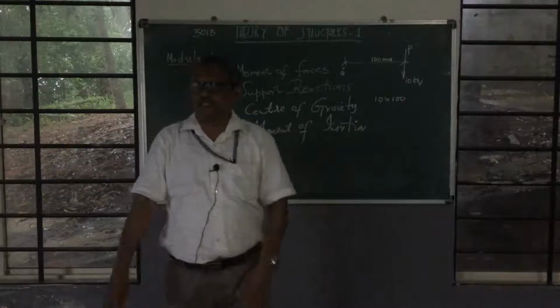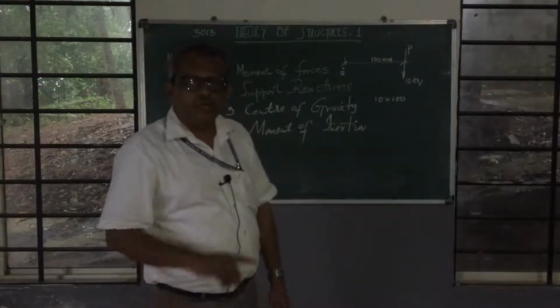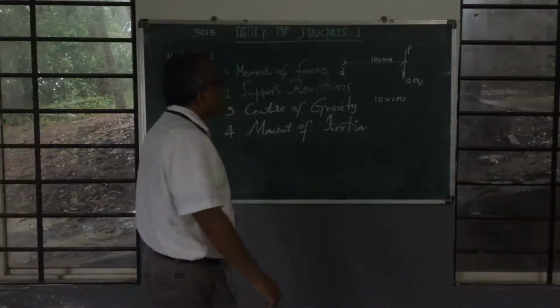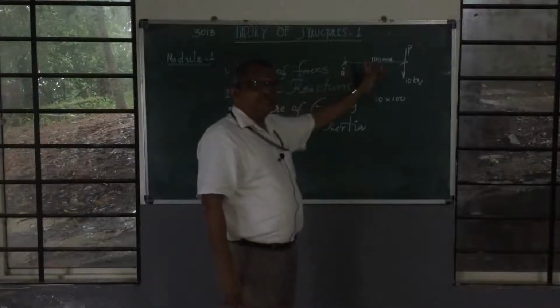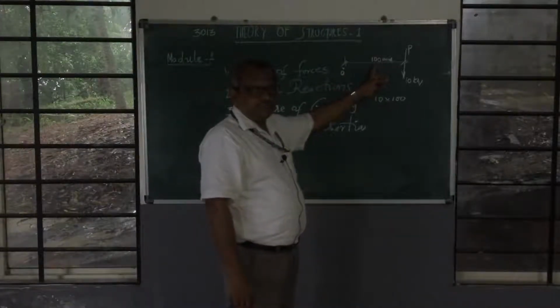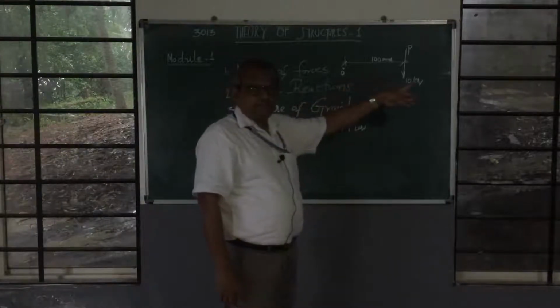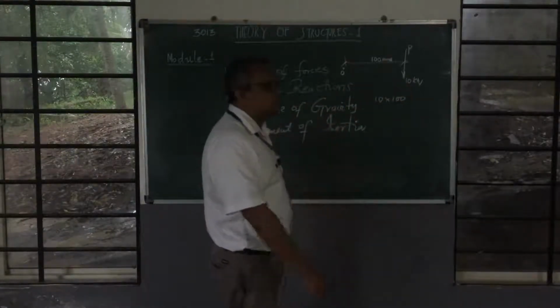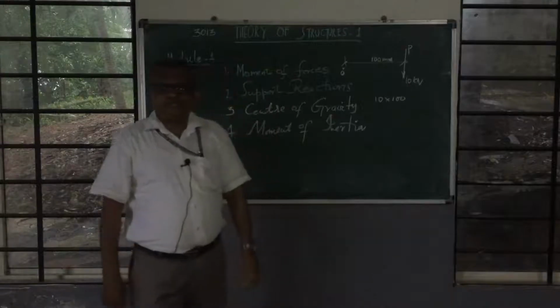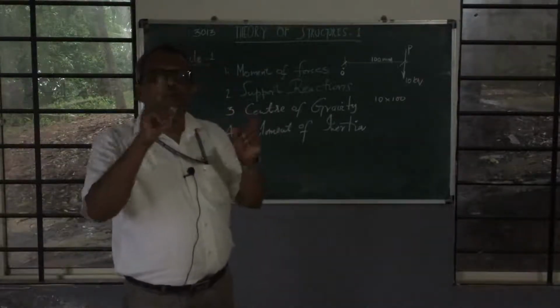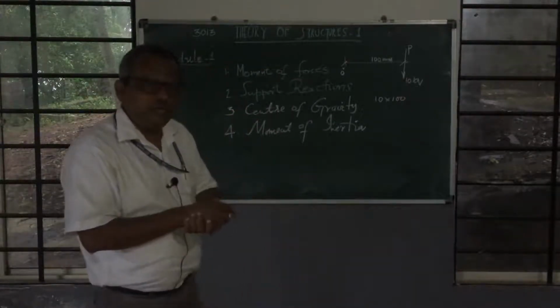So, force into distance, the unit of force in Newton or kilonewton, and the unit of distance in meter or millimeters as per our SI standards. So, that is the moment. Like this, if any number of forces are given, you can find the total moment of all the forces about any point.